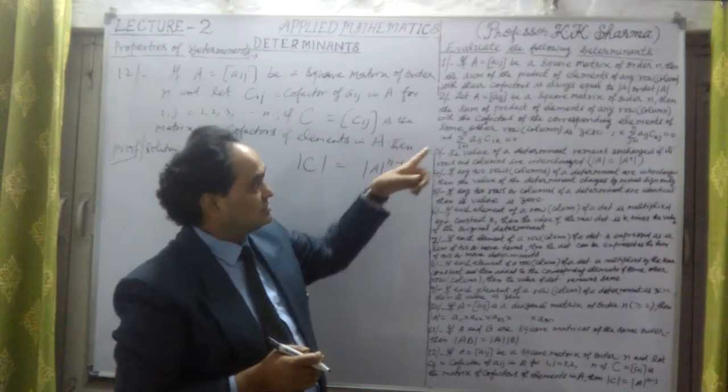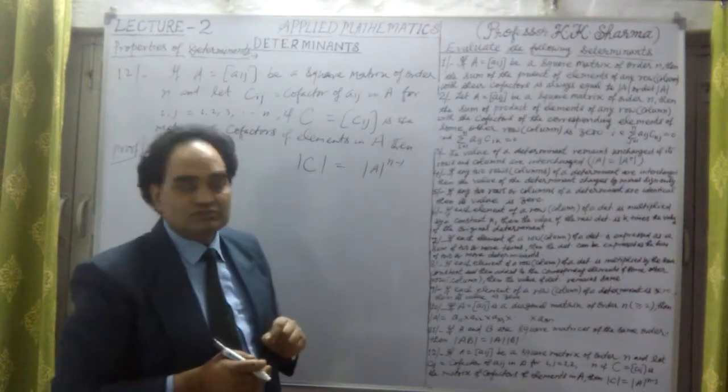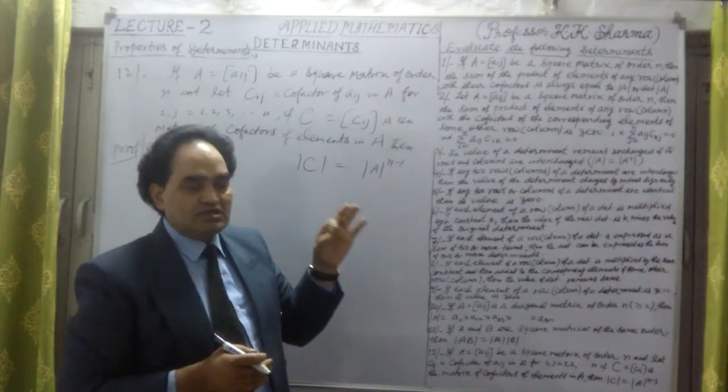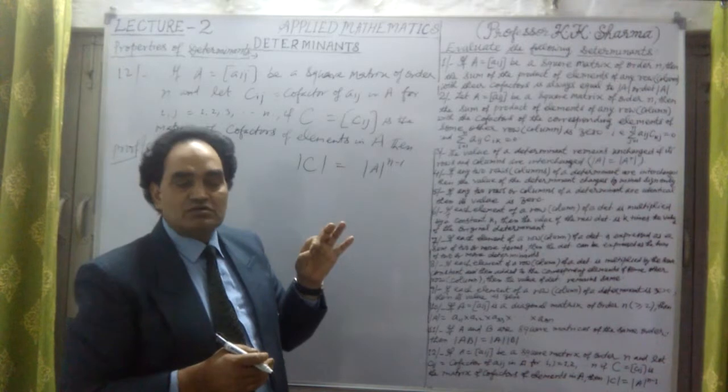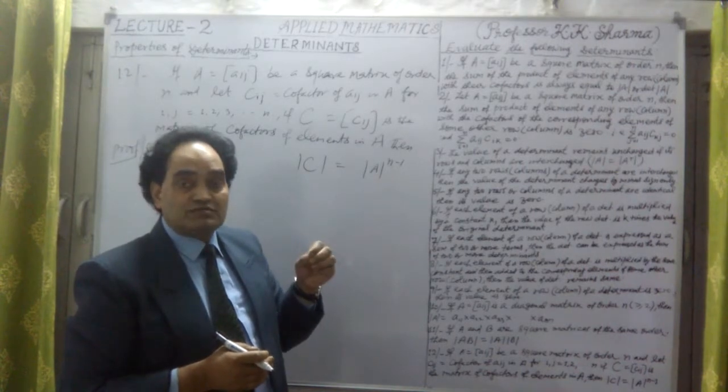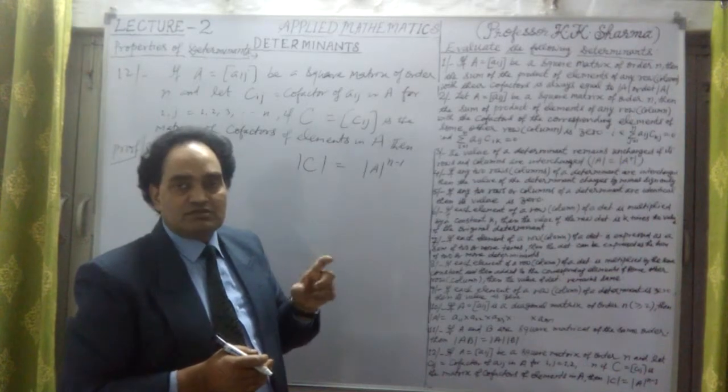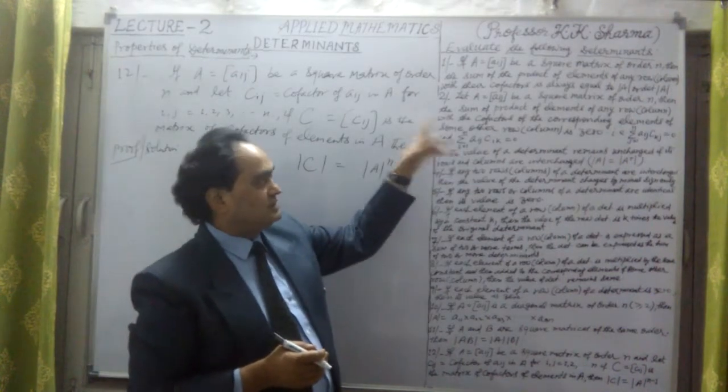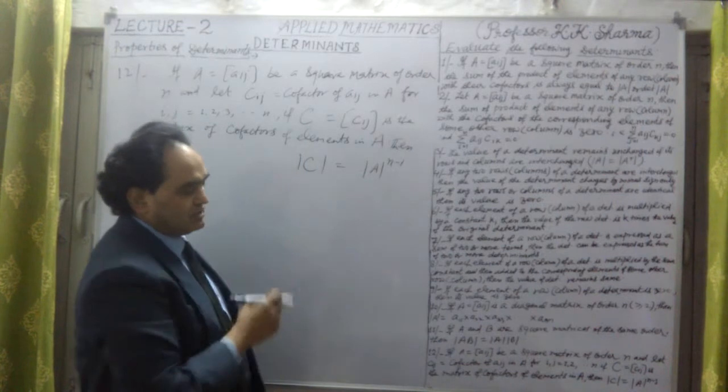Why? Because this is property number 2. If I multiply any element by the cofactor of the corresponding element of another row, the sum is 0. This is the second property I have proved, and I have to use it here.